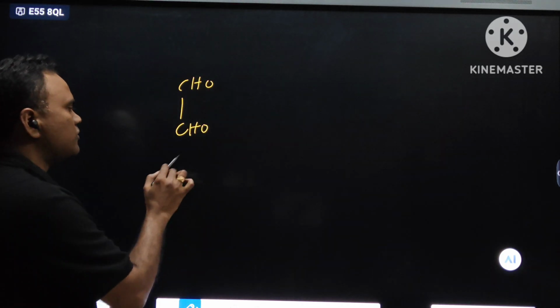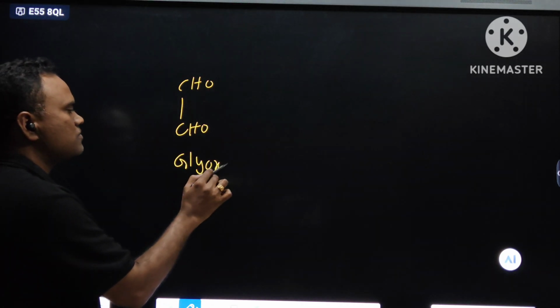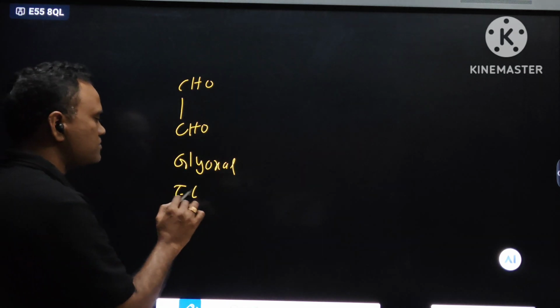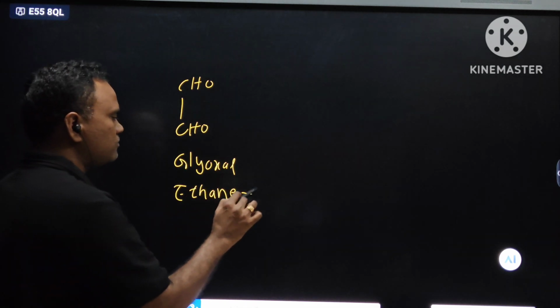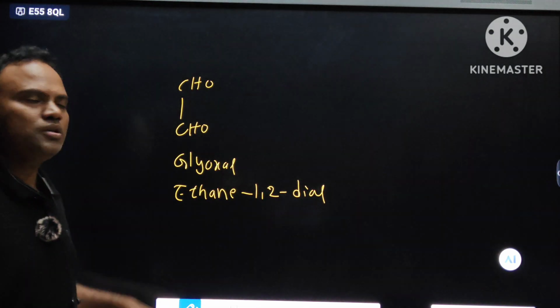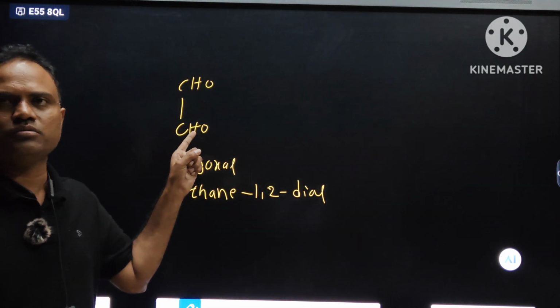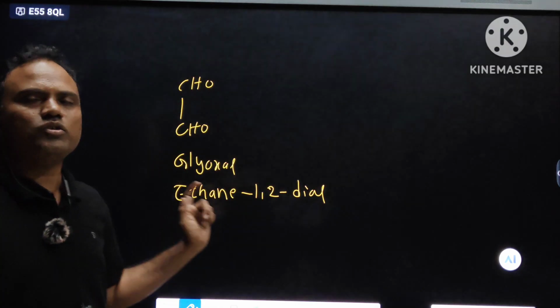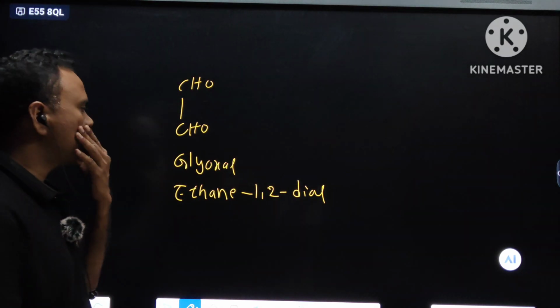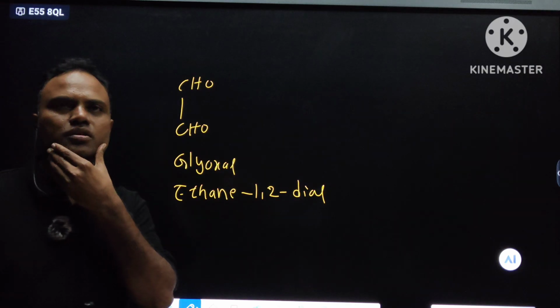First, I'll give you the common name: glyoxal. Glyoxal, or also called ethane-1,2-dial. Ethane, 2 carbons are there, na? So ethane. 2 aldehyde groups are there. If 1 aldehyde is present, then we use al. If 2 aldehydes are present, we use dial.